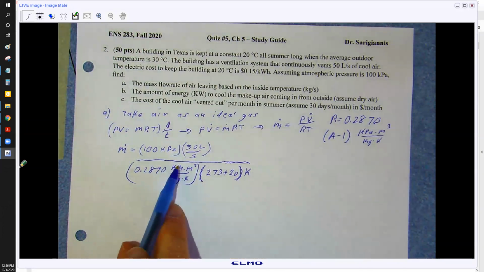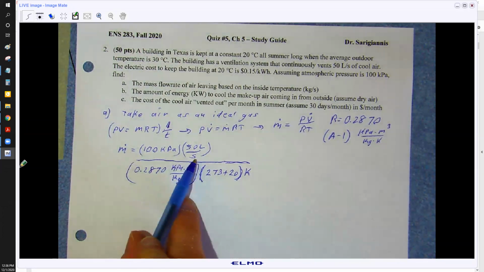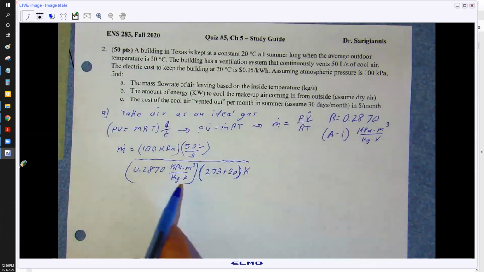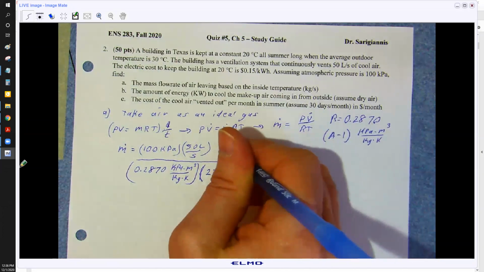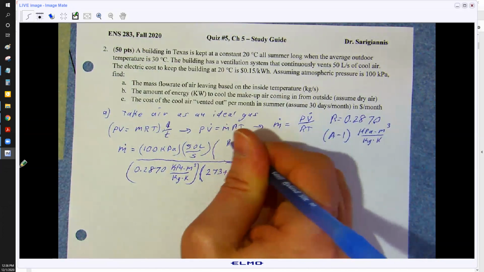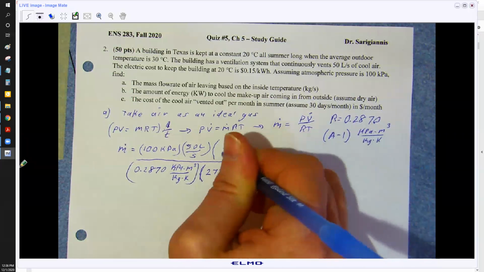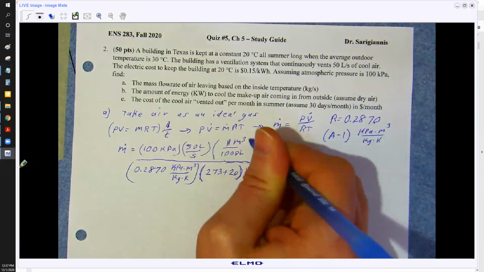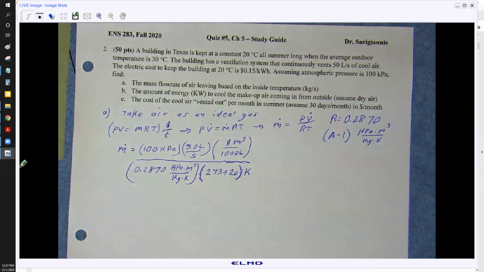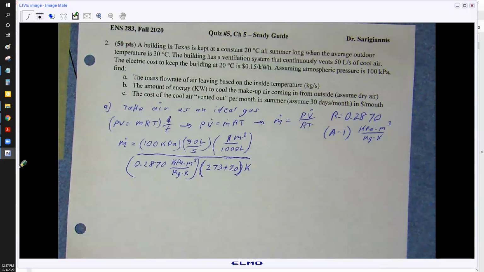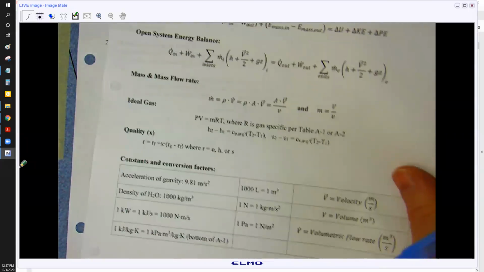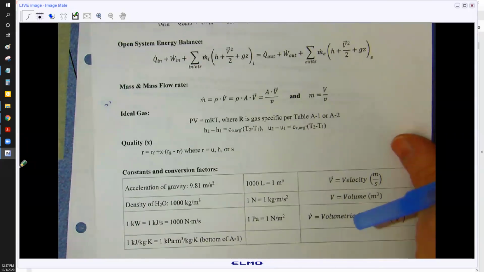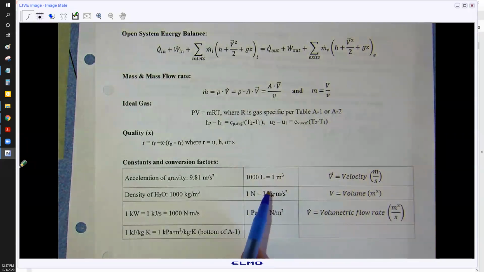So I have kPa, I've got Kelvin. Kilograms, I want kilograms, and I want seconds. I've got liters here, so I've got to convert liters to cubic meters. The conversion factor for that is 1 cubic meter is 1,000 liters. You need to know that. In fact, I put that on the constants and conversion sheet that's attached to this quiz.